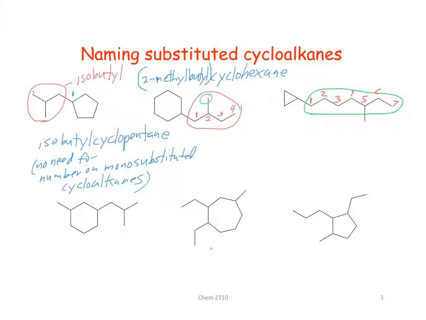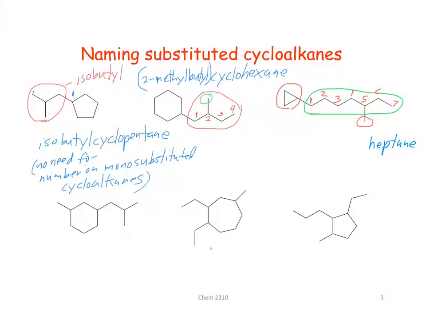All right, so we have the cyclo. It'll be just like other alkyl groups, right? From methane to methyl, from cyclopropane to cyclopropyl. So we have a cyclopropyl group and we have a methyl group, all attached to a heptane. All right, so here's our heptane parent. Which of those should we put first?